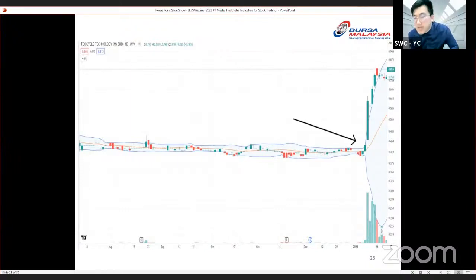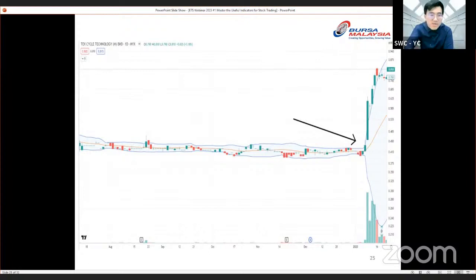The chart has just started to break out. You do it like this. The first step is not wrong. People usually do the first step, go to top volume, and this step is correct. Just that for the second step, you have to look along the list for what is the new counter being added in, not the penny ones. Penny stocks already have a lot of volume, because they are penny, so you don't look at the penny stock.